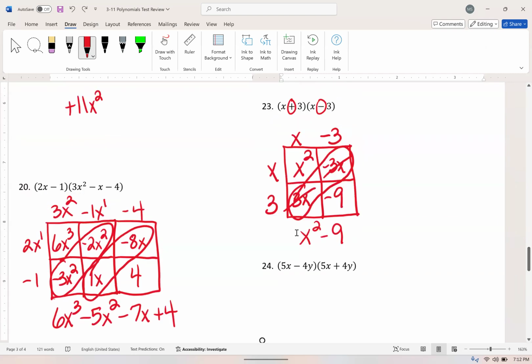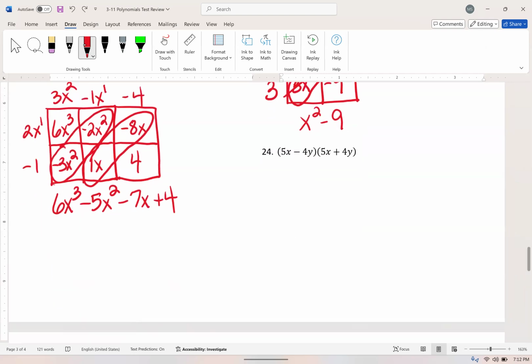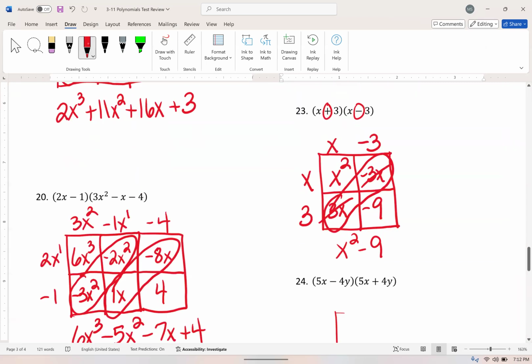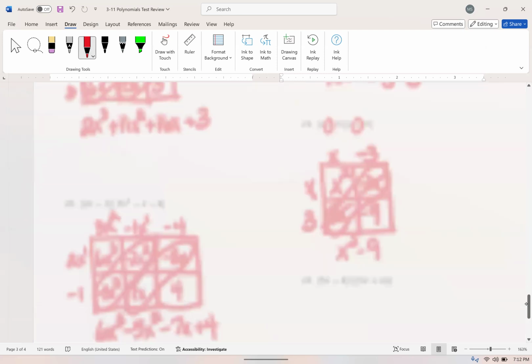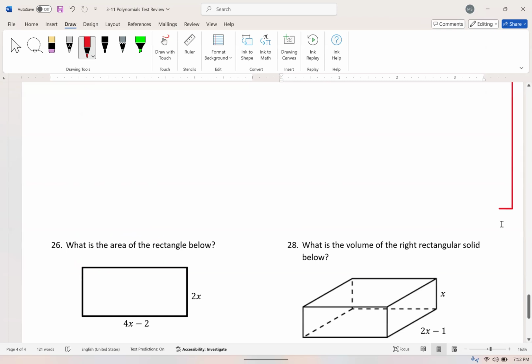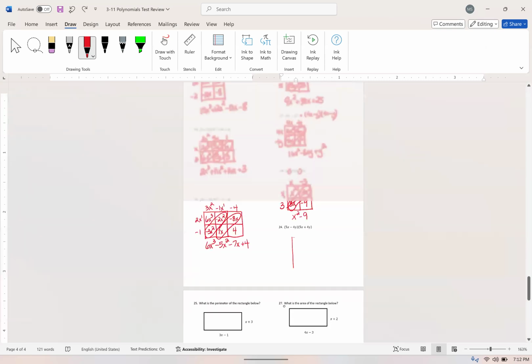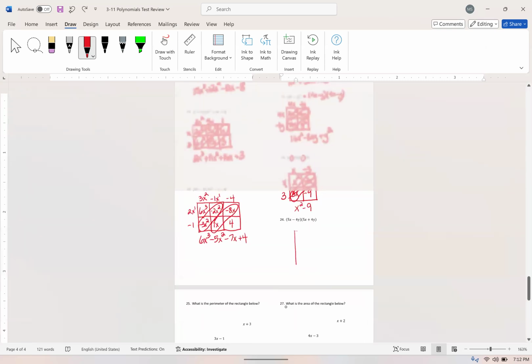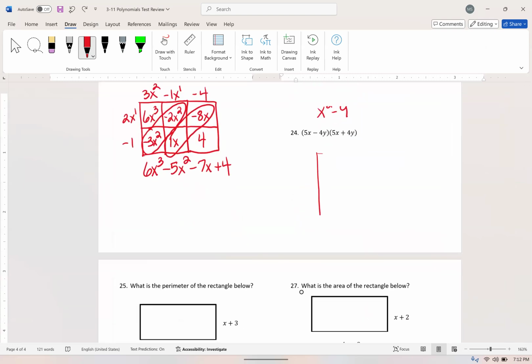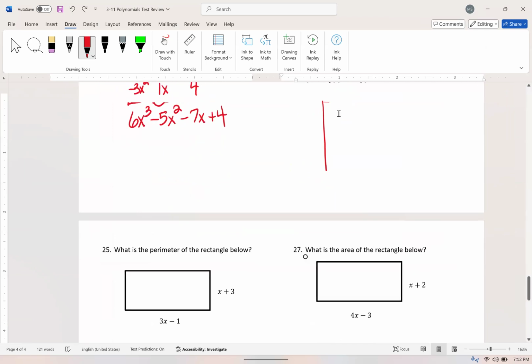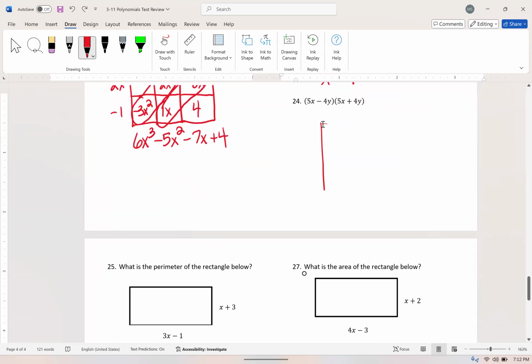All right, here we go. I don't know why this is happening, guys. Give me a second. I'm trying to figure out what I'm doing here. Oh, I do not know what's happening. All right, let's see what we got.